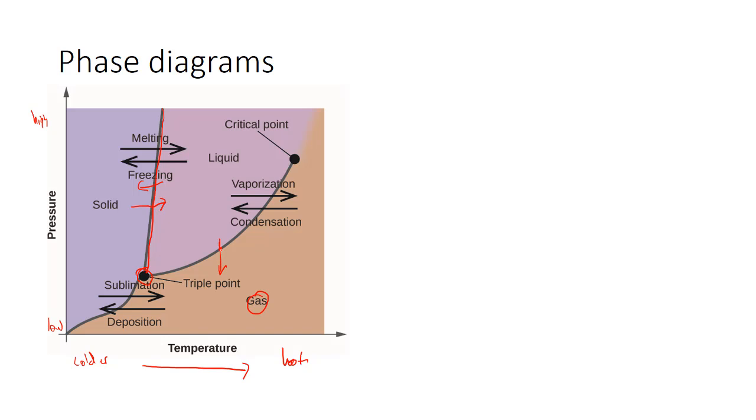But if I have a gas and I put it under more pressure, it's going to change to a liquid. So I can get a phase change from changing the pressure as well as from changing the temperature. That happens over here. It's a lot more subtle with this one because this vertical change is almost following that pressure liquid boundary. Over here, of course, I can get it to change between a gas and a solid by increasing or decreasing the pressure.